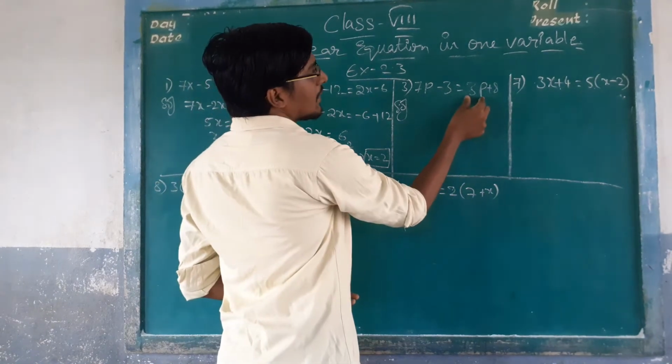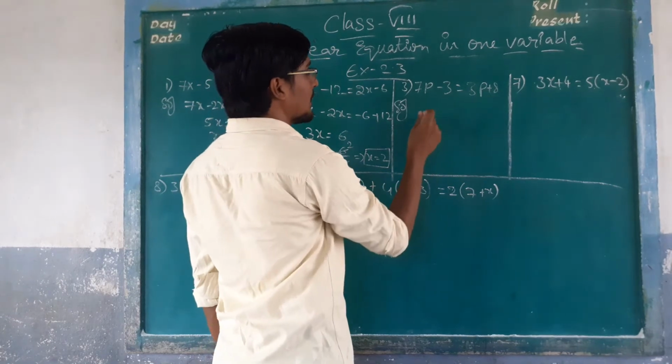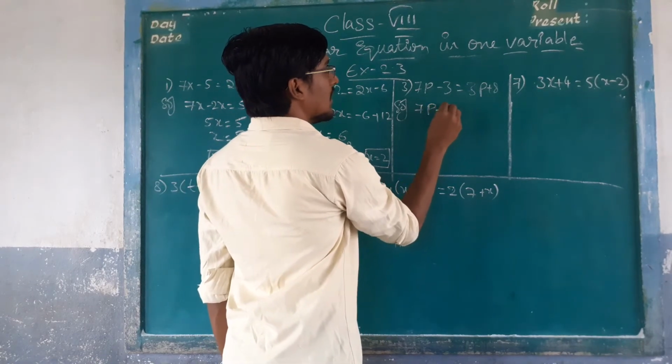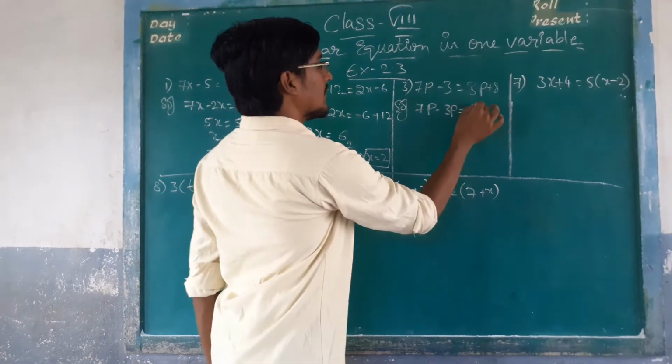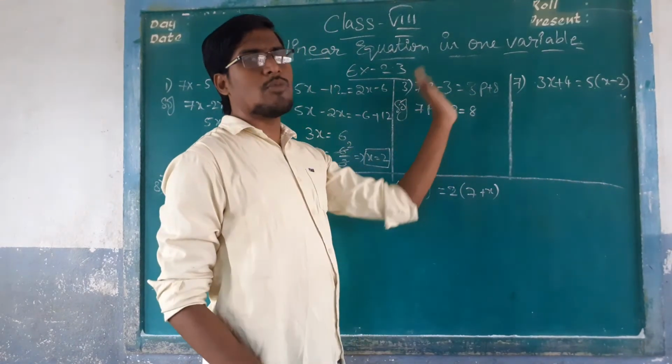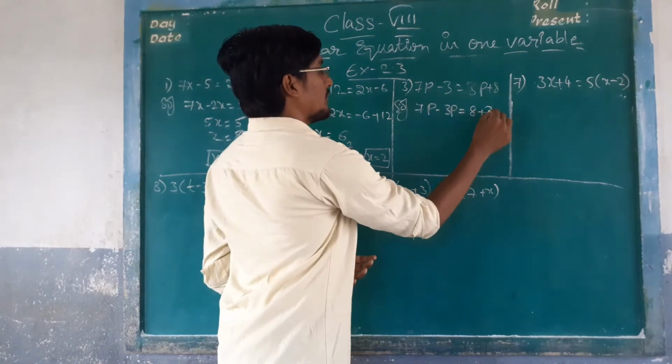So here 3p is on the right hand side. Moving to the left hand side it becomes minus 3p. So 7p minus 3p equal to plus 8. Here minus 3 moves to the right hand side and becomes plus 3.